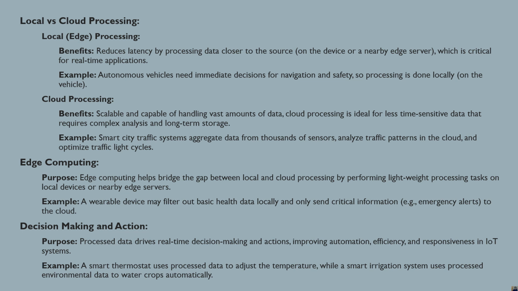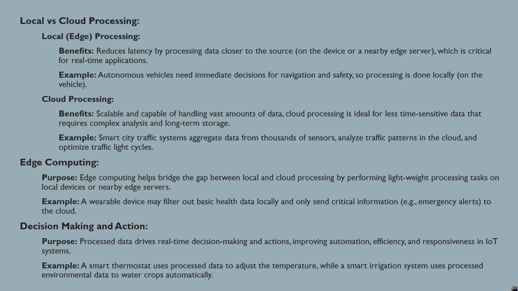traffic light cycles. Moving on to edge computing, the purpose is that edge computing helps bridge the gap between local and cloud processing by performing lightweight processing tasks on local devices or nearby edge servers. For example, a wearable device may filter out basic health data locally and only send critical information to the cloud.